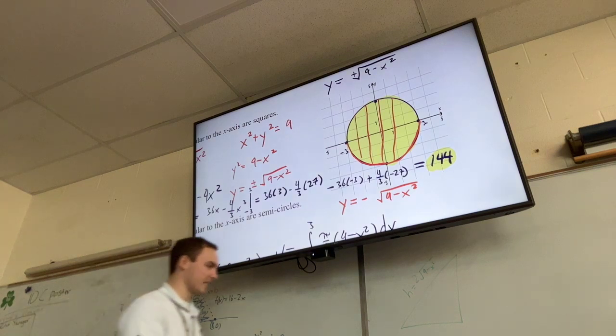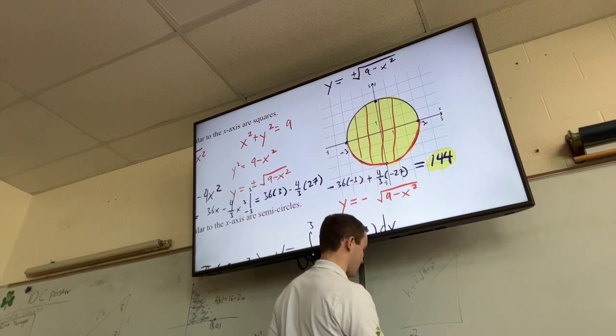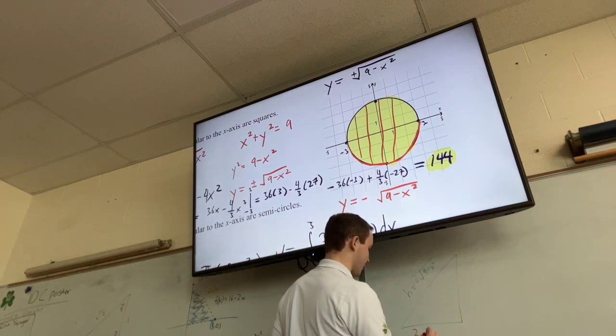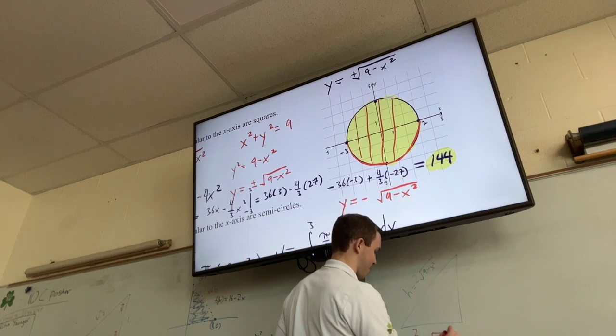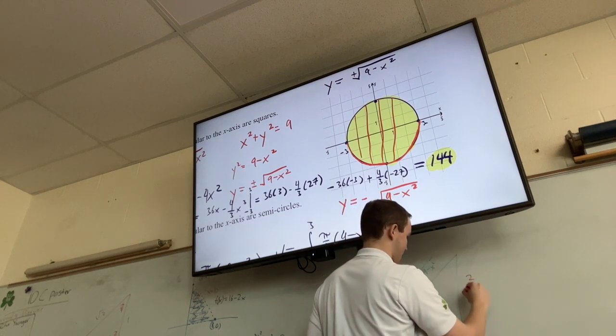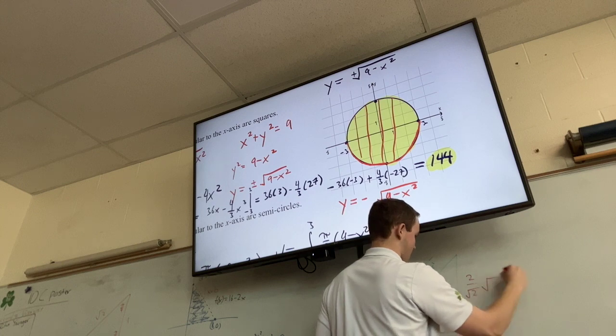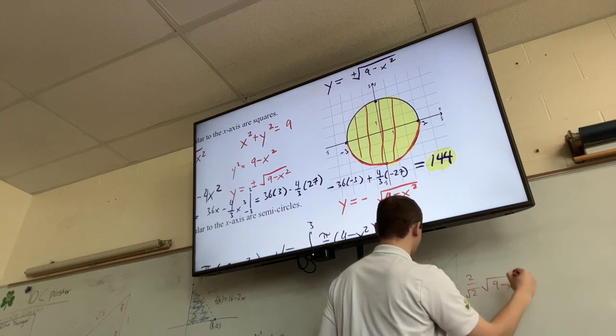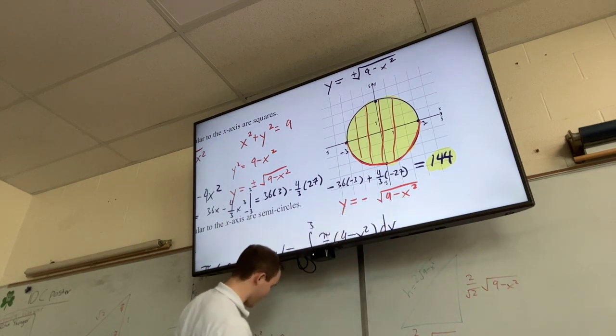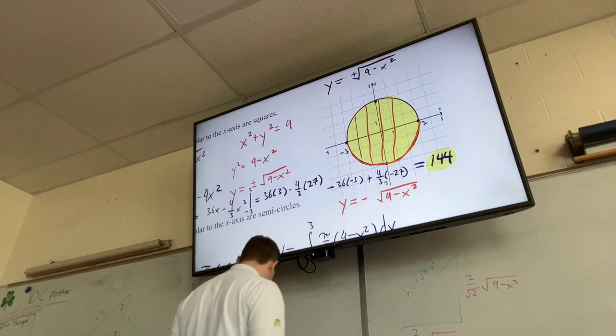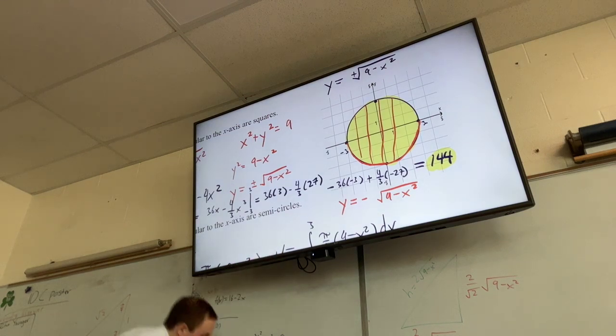So the length of each leg is going to be 2 over root 2 times the square root of 9 minus x squared. And then what's the formula for the area of a right triangle like this? Yeah, 1/2 base times height.